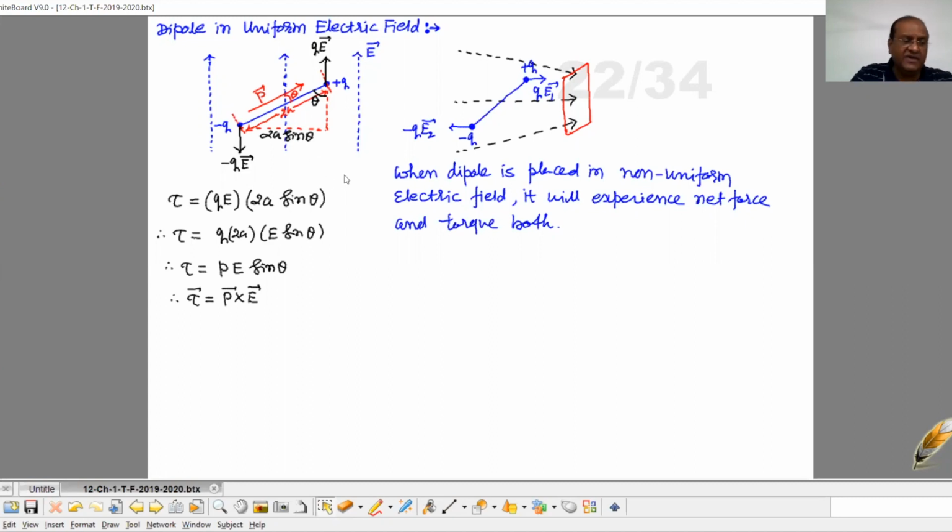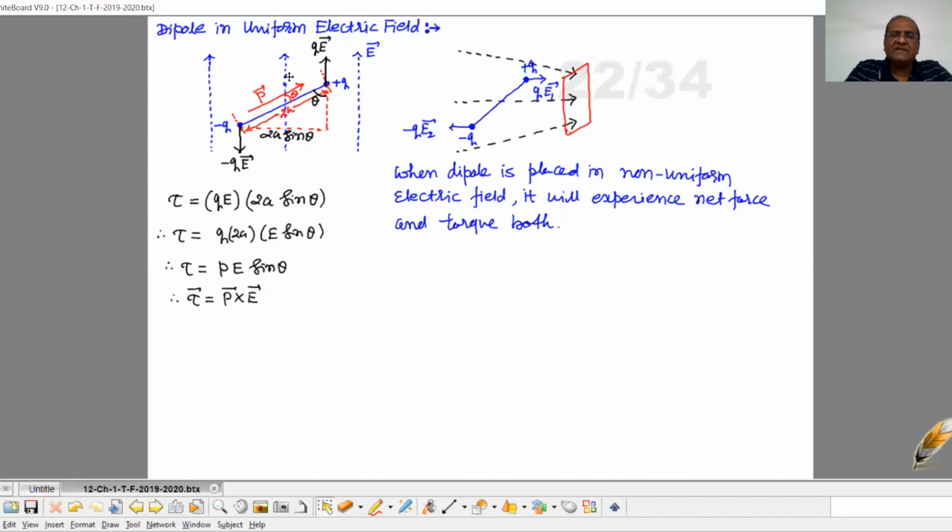Uniform electric field means the intensity of electric field at each and every point is the same, and at each and every point the electric field is in the same direction. So when we represent the uniform electric field, we represent it with equispaced parallel arrows.